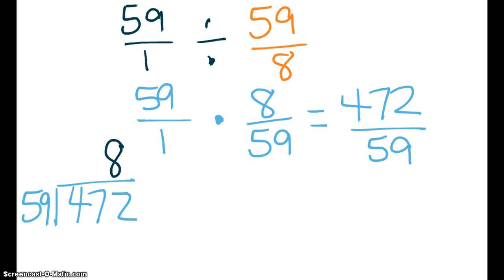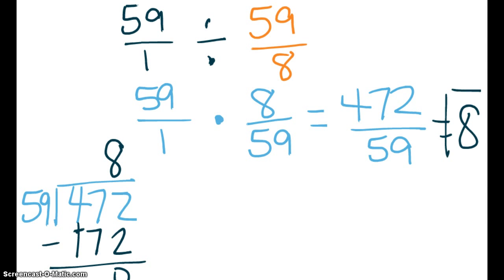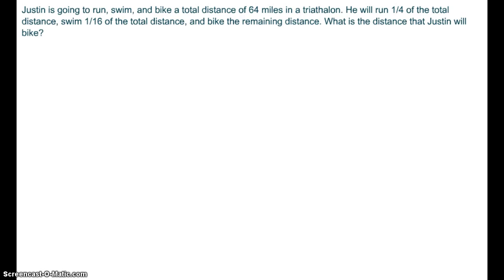So when you divide that out, you should get 8, because 8 times 59 is 472. All right, I'm sorry, I wrote 479, and I meant 472. So how many boards is he able to cut into pieces? 8 boards.